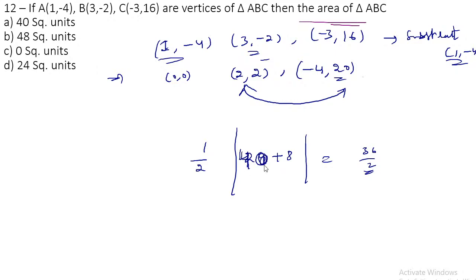Yes, we got this wrong. 40 plus 8 is 48/2, that is equal to 24. So the answer is 24 square units. So first you need to convert one of the vertices to origin, and then you can apply the formula 1/2 mod of product of extremes minus product of means, and then you will get the answer.